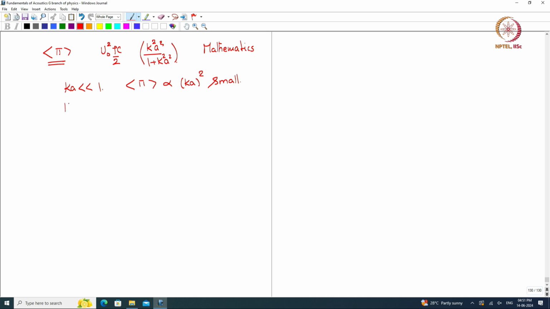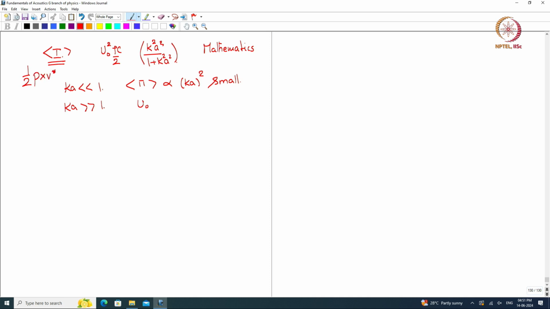Whereas, if Ka happens to be much bigger than 1, then you will get u0 square rho c by 2. This is intensity, by the way, sorry, this is intensity: 1/2 the real part of P V conjugate, not power.